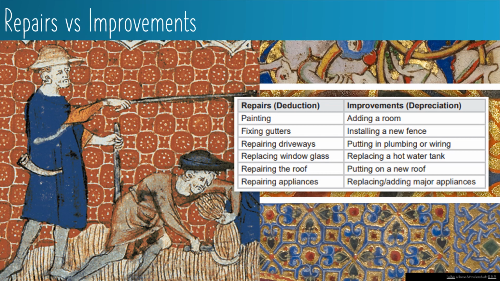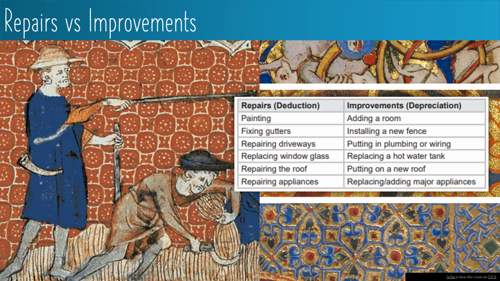Repairs to the rental space, however, are deductible on the Schedule E. And then we need to talk about the difference between repairs versus improvements. For those of you who are new to tax and accounting generally, this can be a little confusing at first.